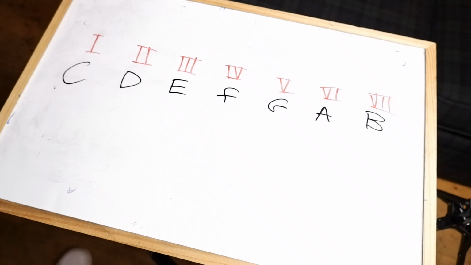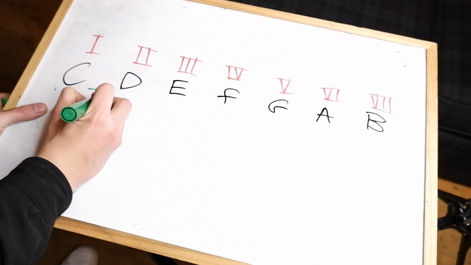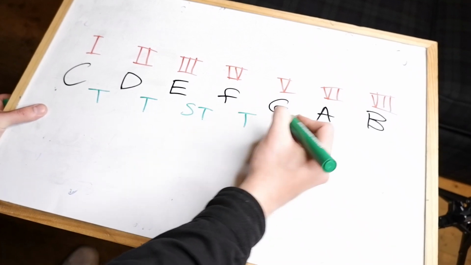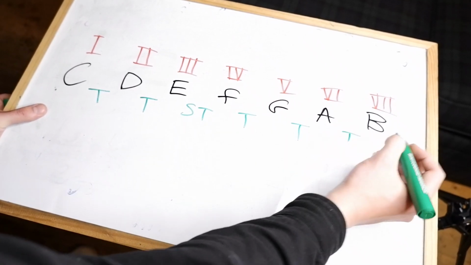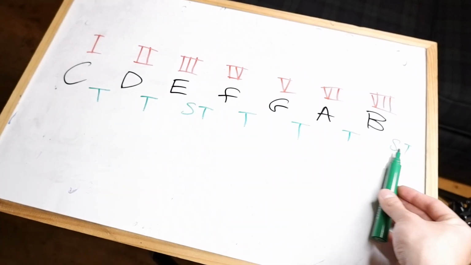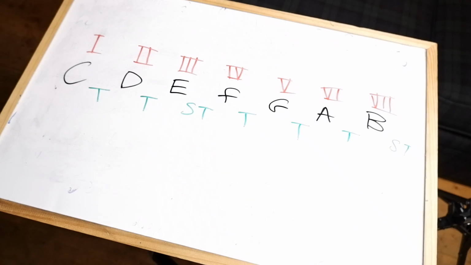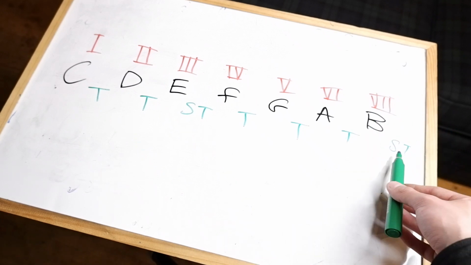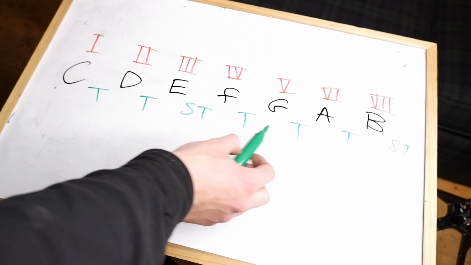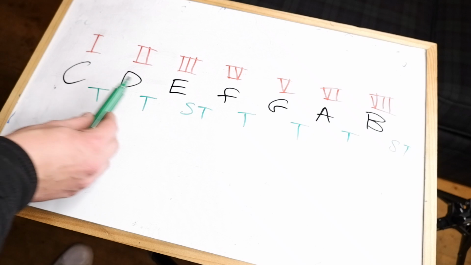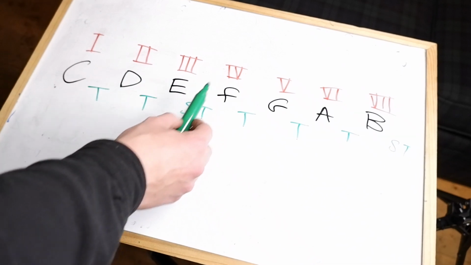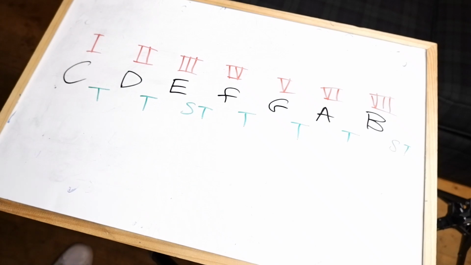So we have tone, tone, semitone, tone, tone, tone, and then semitone would lead us back to a C. The distance between a B and a C is a semitone. So this is the distance between each of our notes. The distance between C and D is a tone, between D and E is a tone, between E and F is a semitone, etc.